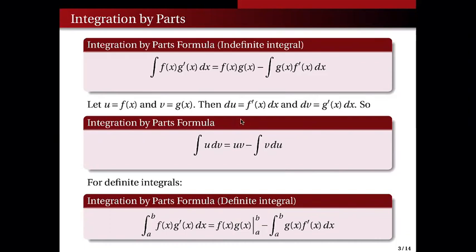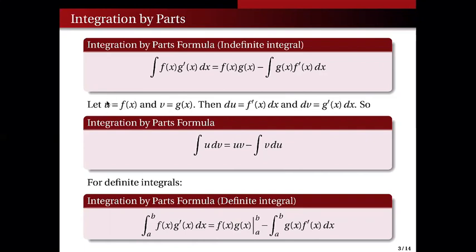You want to produce the v from the dv, and if you have dv, you need to integrate it in order to get v. So you need to choose carefully what the dv is. Once you have the dv, you know how to integrate it easily, and you will be able to get the function v.